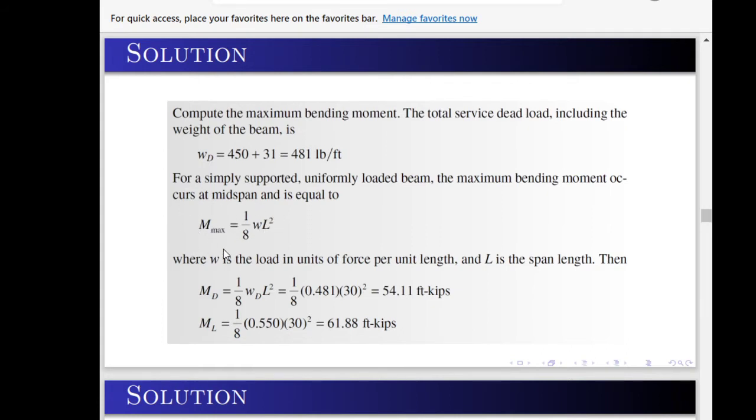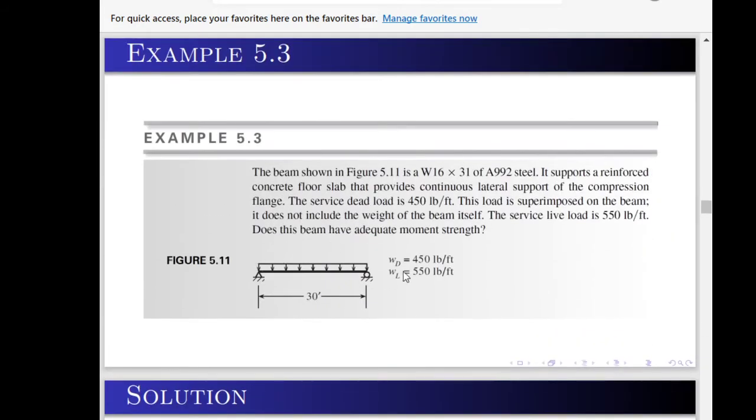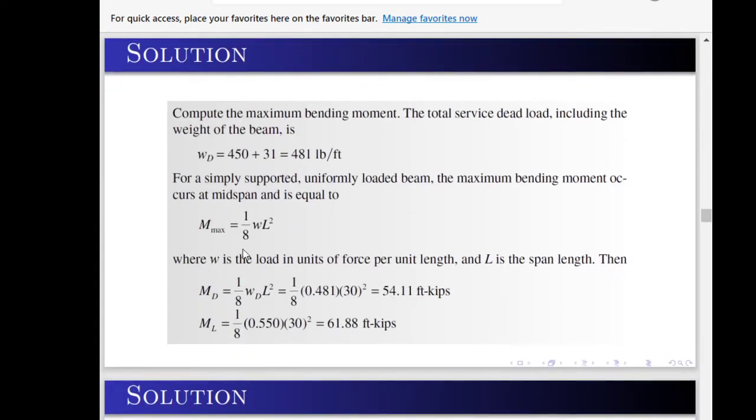I believe you already know this one. For a simply supported beam with uniform loading, the maximum moment is 1/8 times the uniform load times the whole length of the beam. This is the maximum at the midspan.